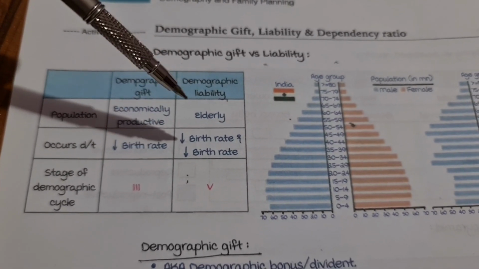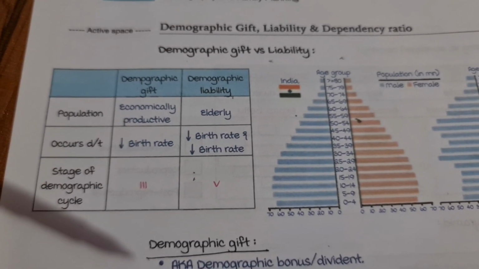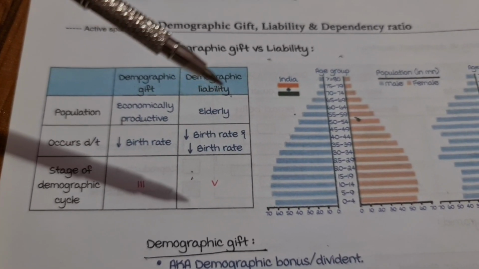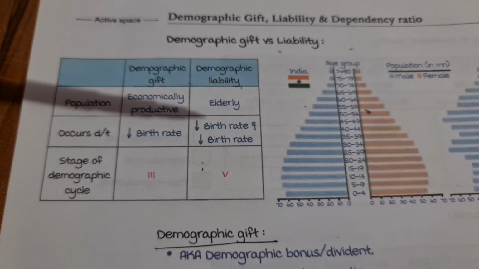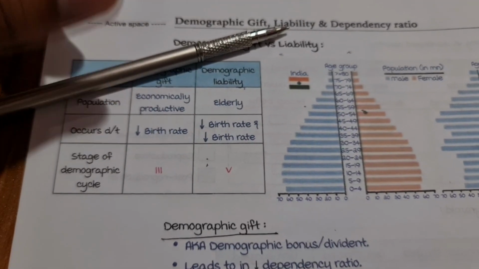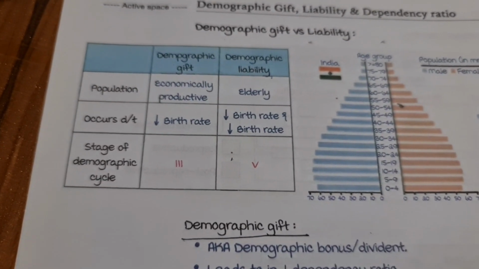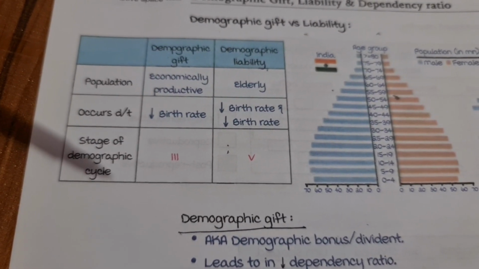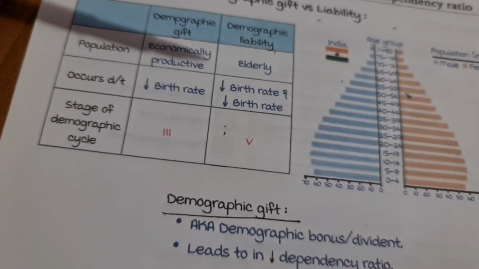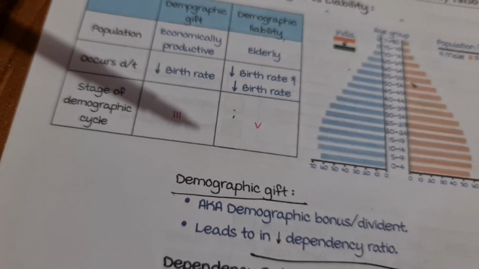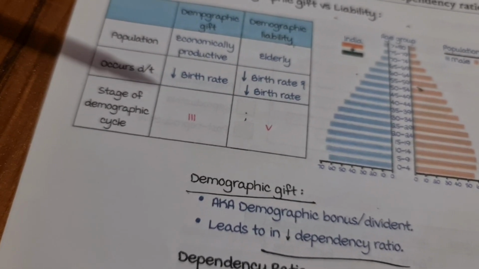In the demographic liability, the proportion of the dependent population, which includes children or the age group more than 65 years, is higher than the working age population, which means the population is at a disadvantage. There are few producing people and more dependence on them.